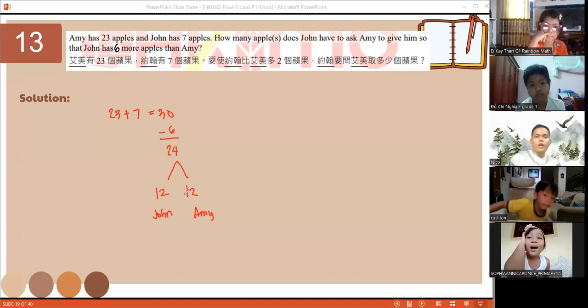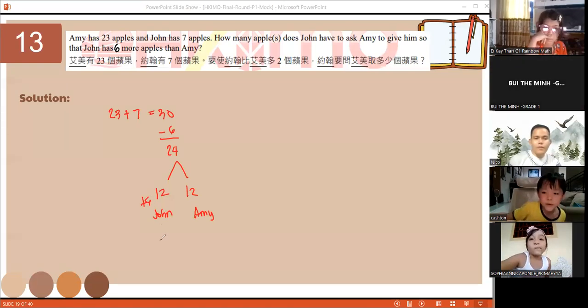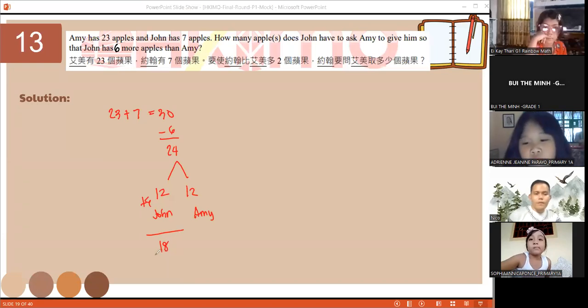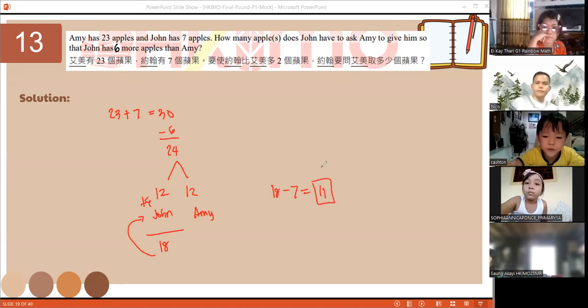Now, you need John to have 6 more apples, so plus 6, right? So we get 18. So John has 18. So 18 minus 7, you'll get 11, because originally John has 7.